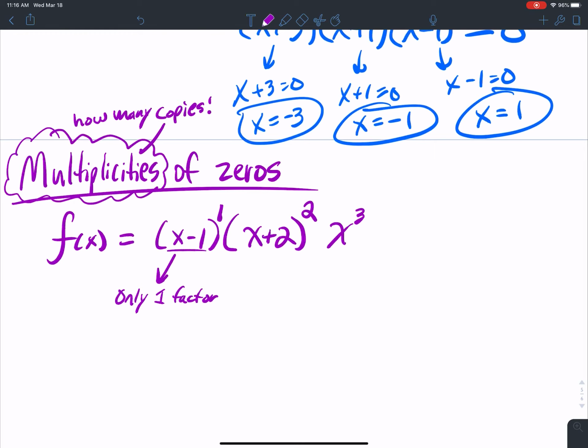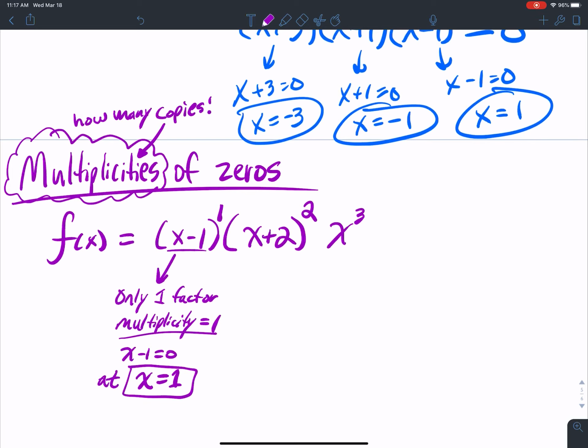This is a multiplicity equal to 1. There's one factor here. And if I solve that, x minus 1 equal to 0, I get x equals 1. So it's a multiplicity of 1 at the 0, x equal to 1.